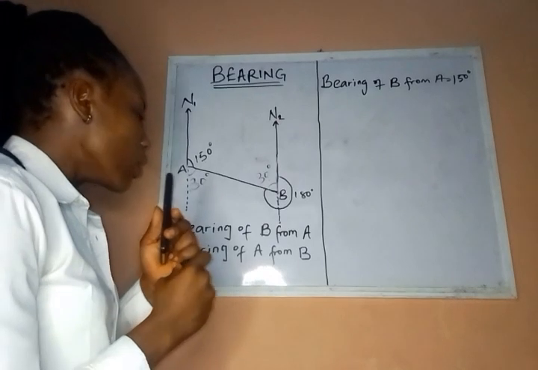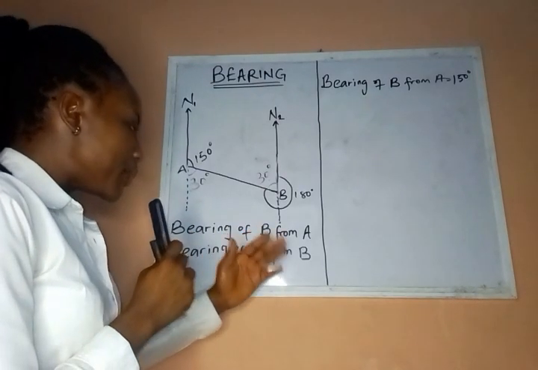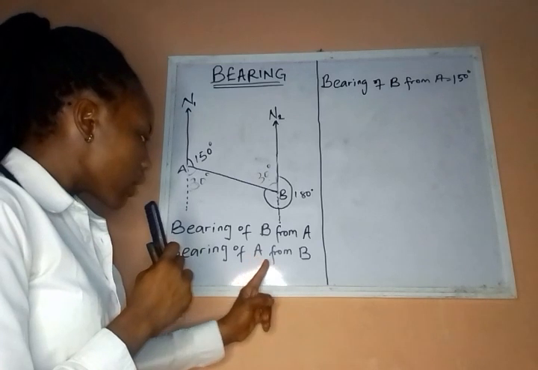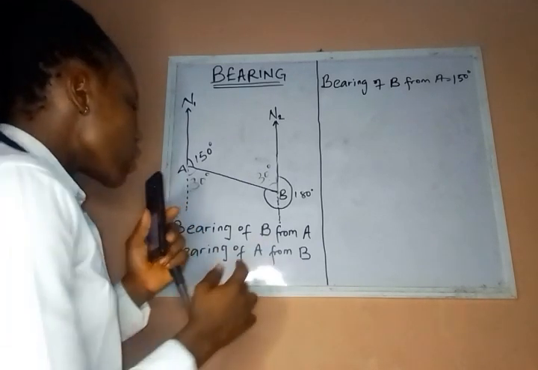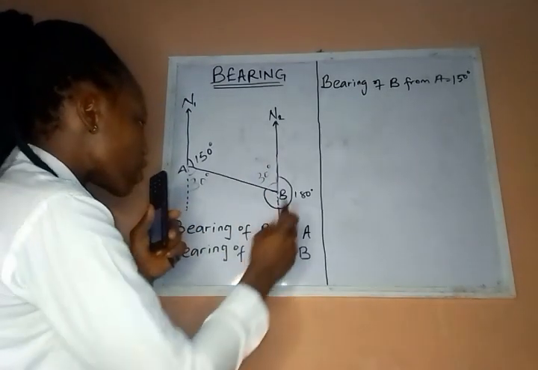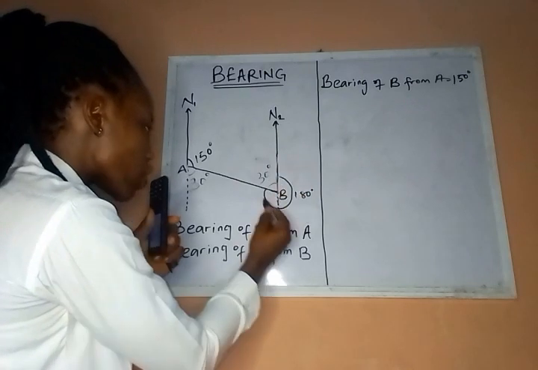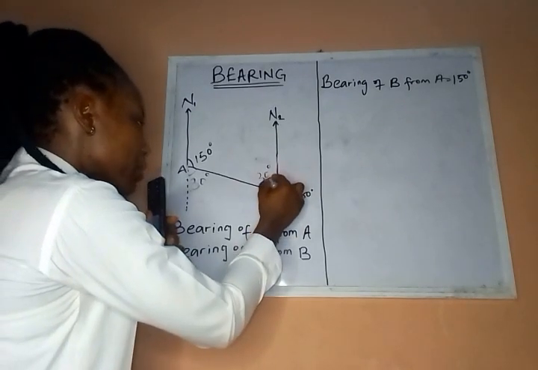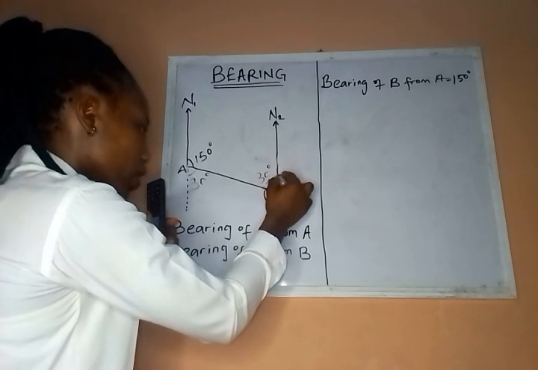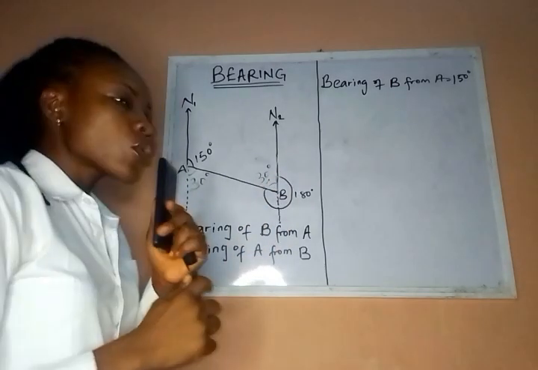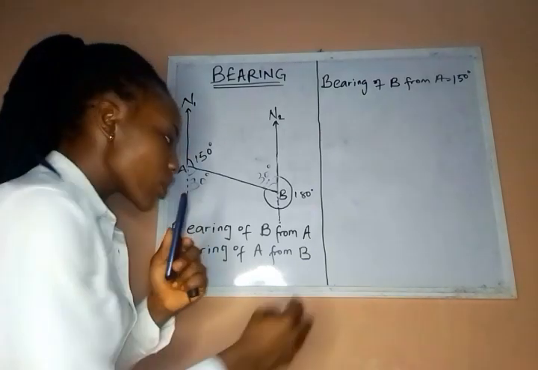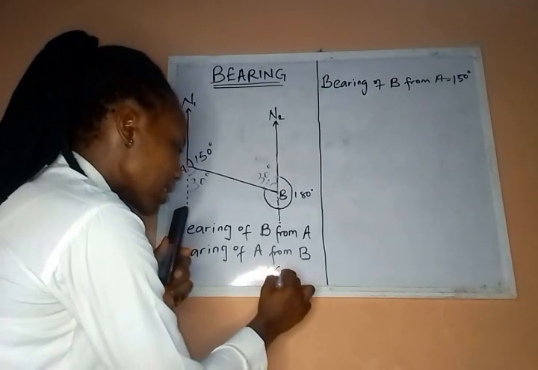degrees. Now finding the bearing of A from B. Since we know A started his journey from here and stopped here, so here is remaining, okay, and the sum of angles at a point is equal to what? 360.